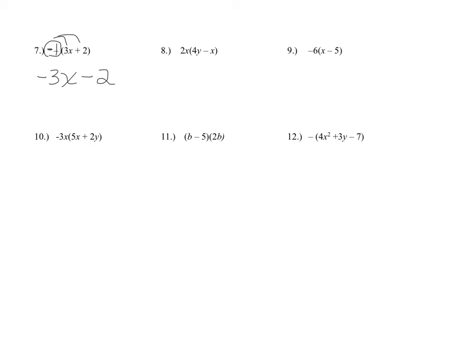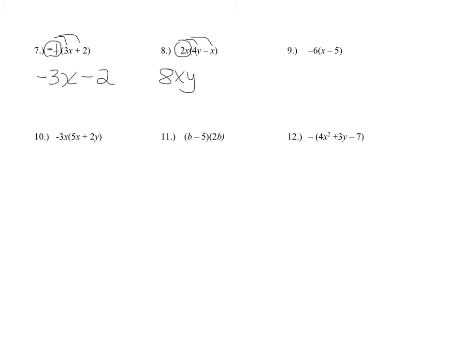All right, number 8. Go ahead and see if you can circle the thing that's going to be distributed and draw a line to what it's getting distributed to. So we're distributing the 2x to the 4y and the -x. So I'm multiplying 2x times 4y. That's going to give me 8xy.